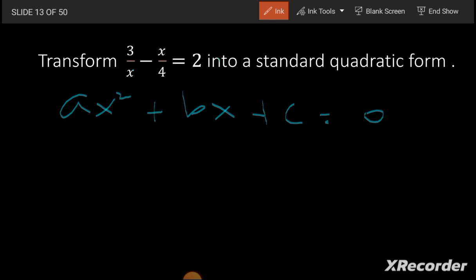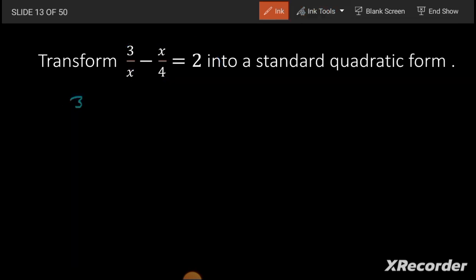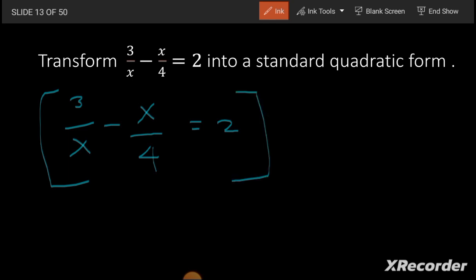Kaya ito, dahil mayroon siyang denominators, i-rewrite natin 3 over x minus x over 4 is equal to 2. So first, i-eliminate natin yung denominators. So eliminate the denominators by multiplying the whole equation by the least common denominator. And in this case, as we can see, x and 4, yung mga denominators, i-take na lang natin sila.